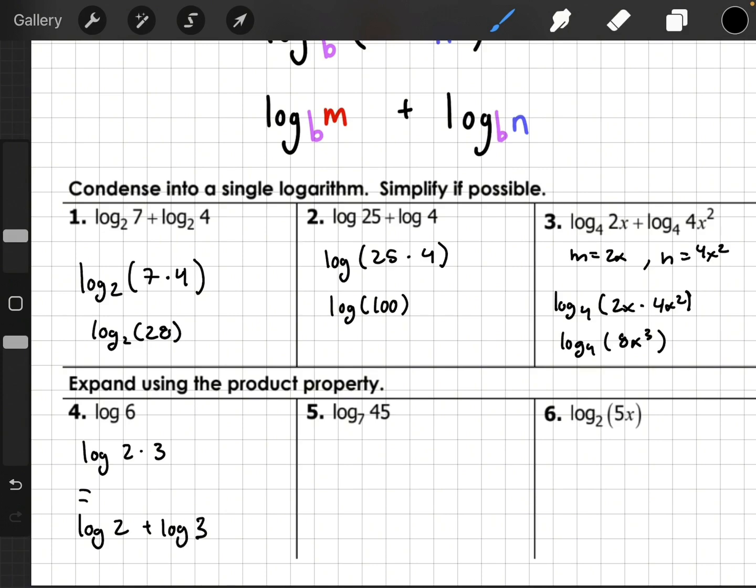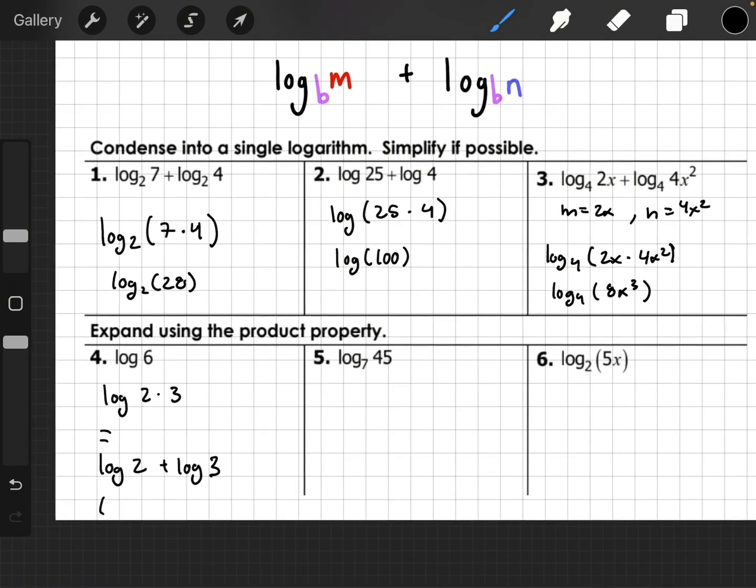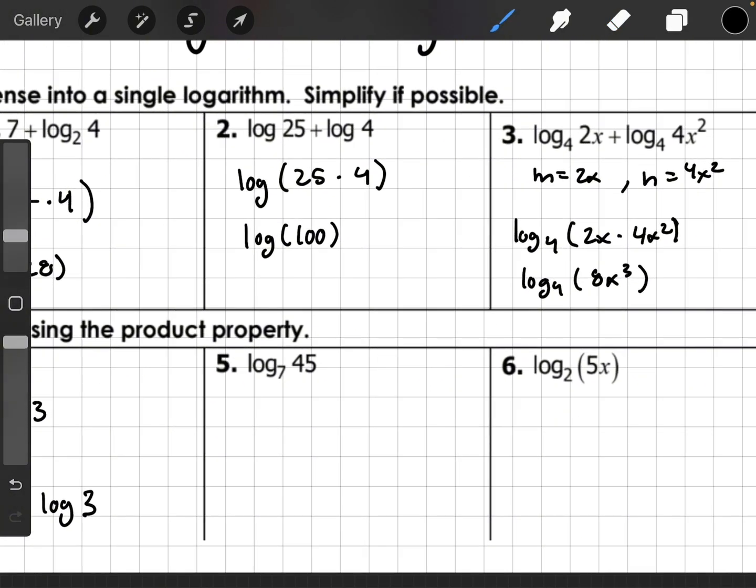You could also do log base 10 of 3 plus log base 10 of 2, and that's still correct. Next we have log base 7 of 45. We can expand 45 to 5 times 9. And now we have log base 7 of 5 plus log base 7 of 9.